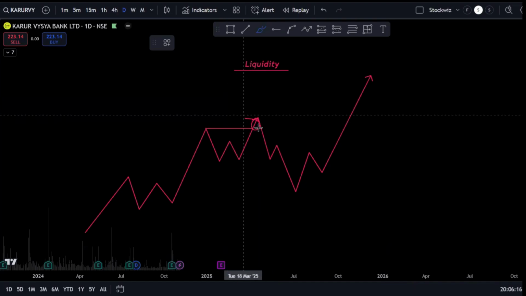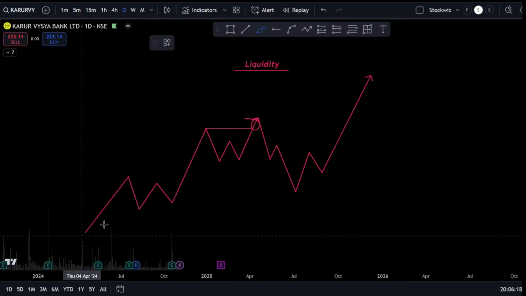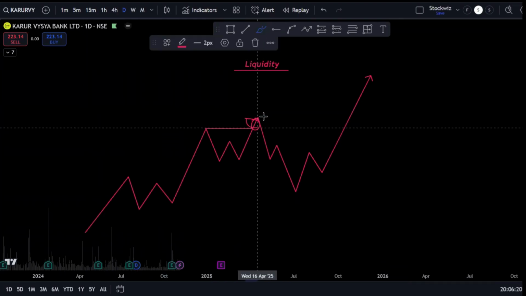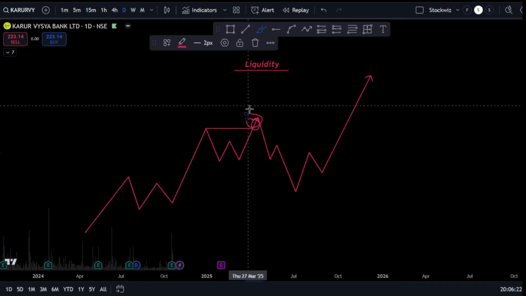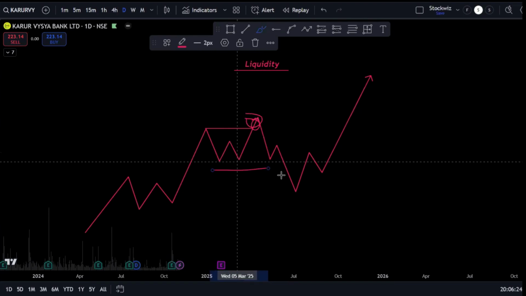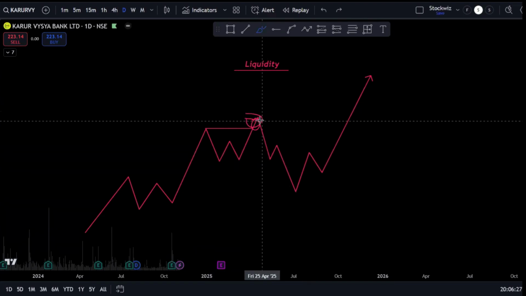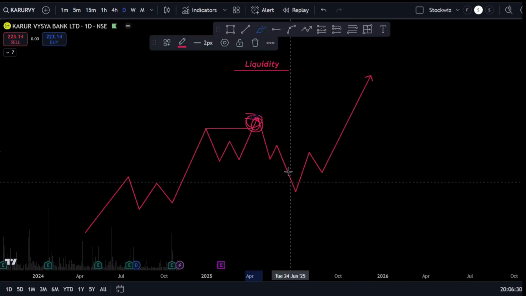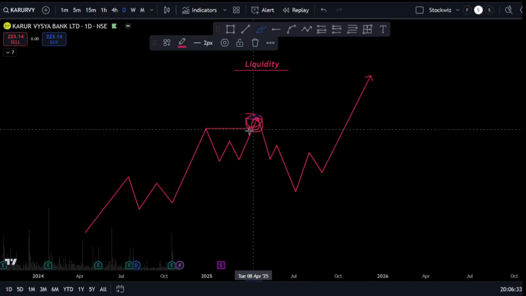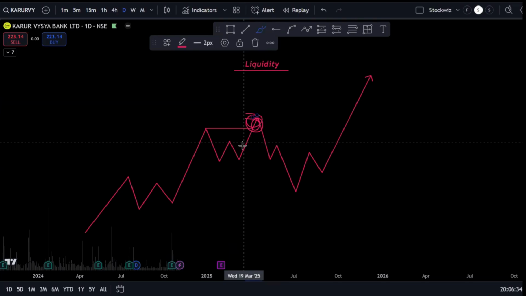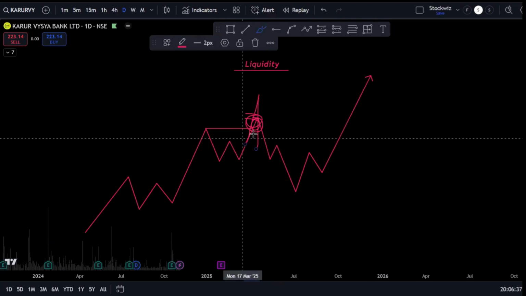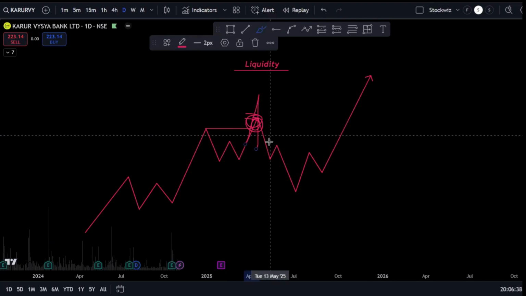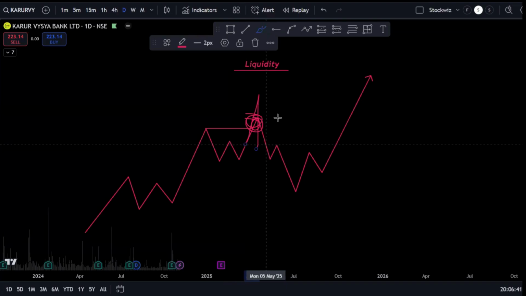Now if I draw the line, it seems like this is a higher high, the price should have gone up higher, this is a change of character and all. But in reality, here the candle closing doesn't come. The candle fails to close over here. It's a very bad candle. Most likely, a wick comes in and the price closes inside the range. In most of the cases, you'll see.